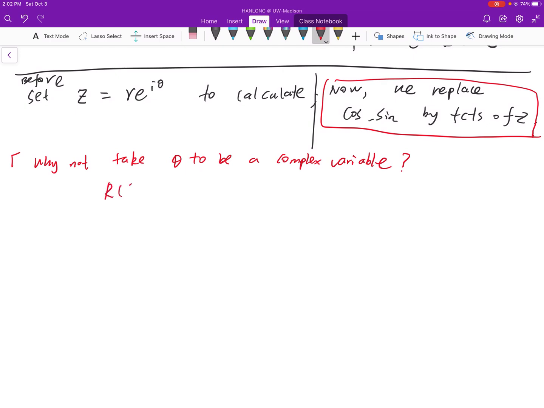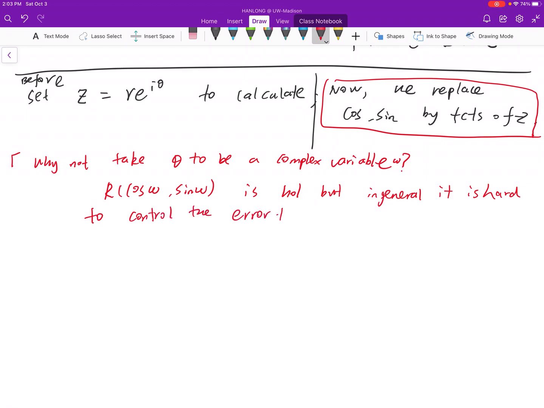Then you have cosine omega, sine omega, which are holomorphic functions, but in general it is hard to control the error terms in residue theory.